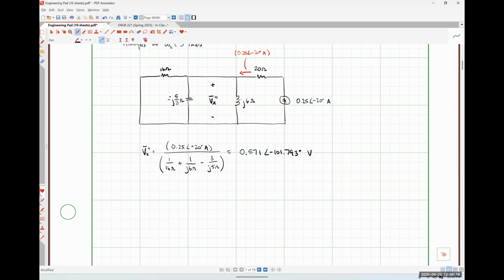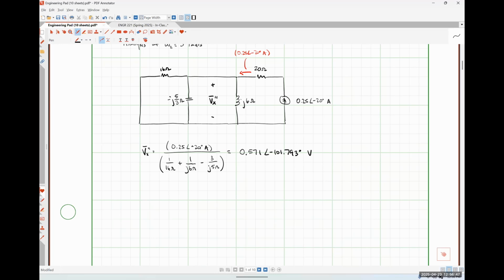Every other time we've done superposition, we've simply added the results together. And we are going to do that, but we need to be very careful and make sure that we add the results together in the time domain and not the frequency domain. Because these two phasors, we could add them together and we will get a number, but that number is completely meaningless because each of these phasors is representative of a different frequency, right?